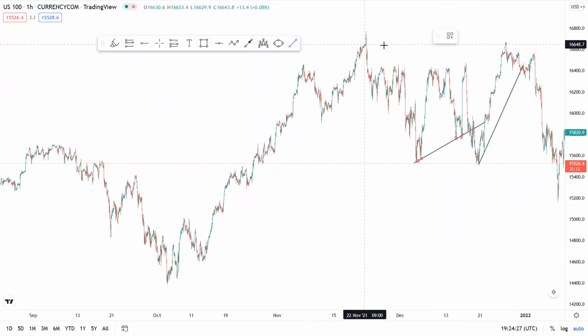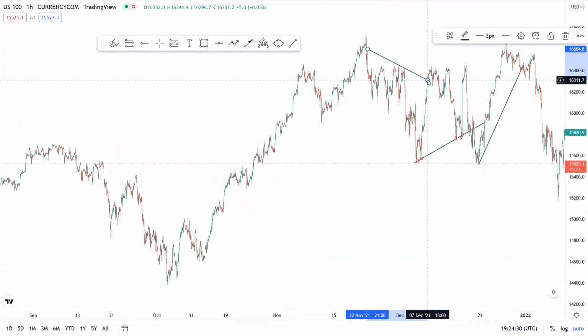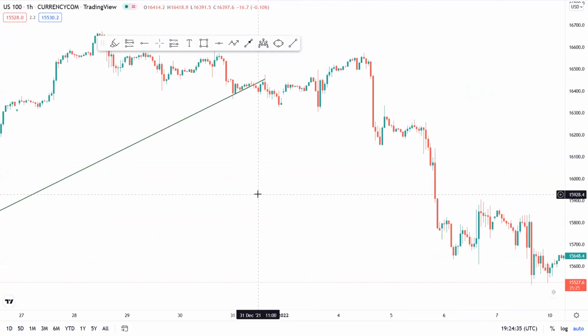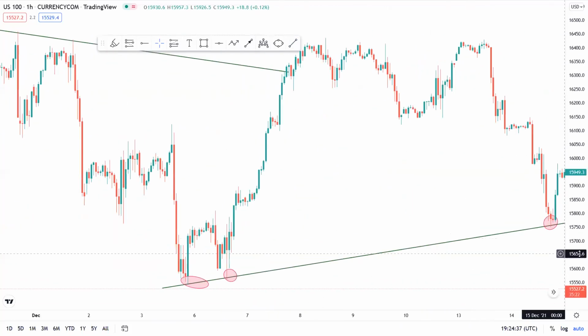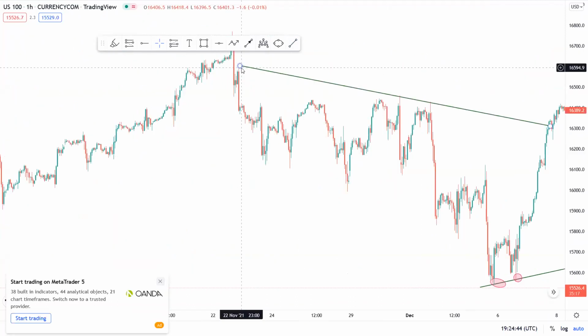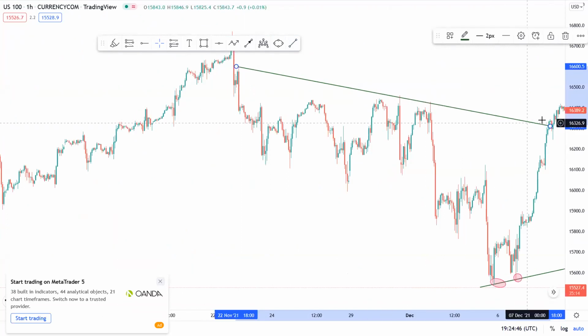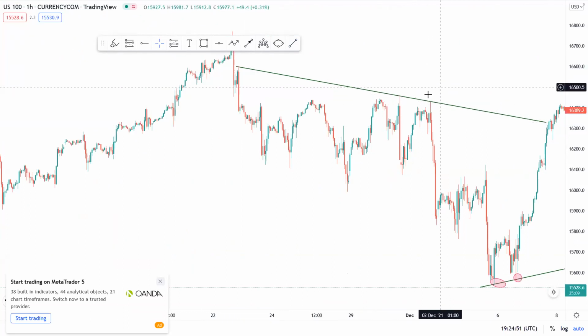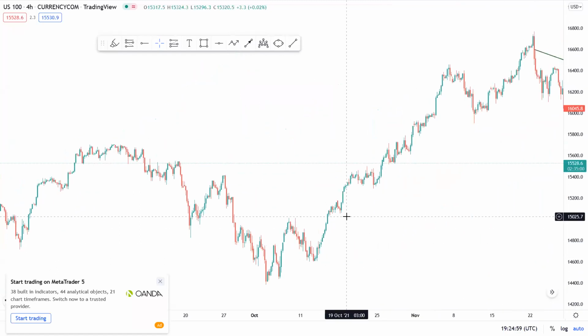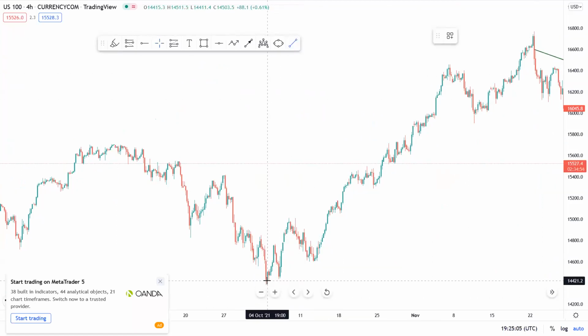The other one is this one. First touch, second touch, the third one gone. So it's simple, guys. Let's go to H4 now. Third touches matter.